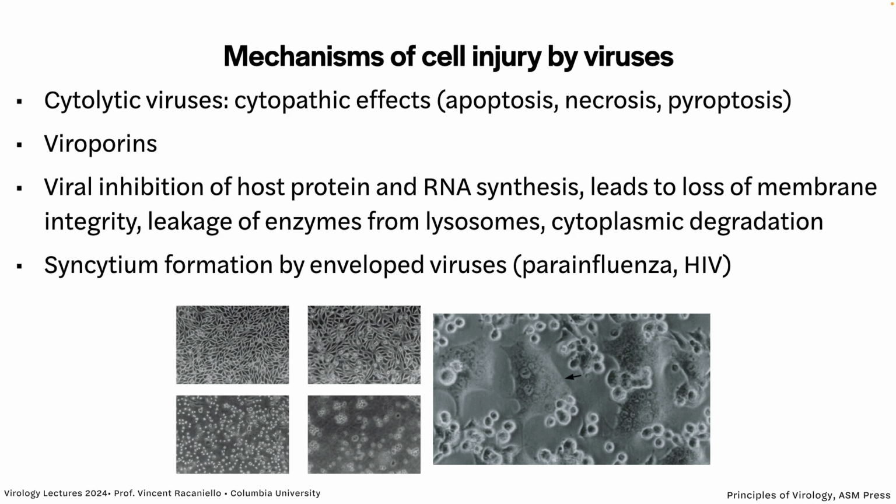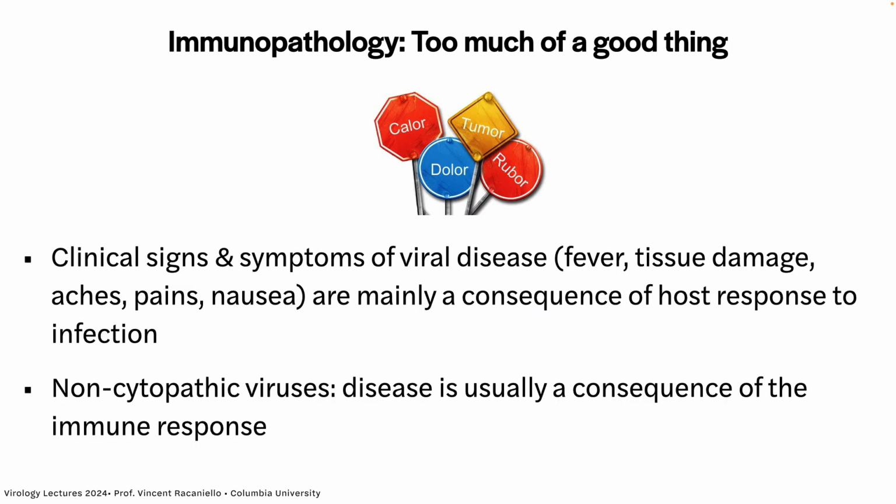So there are many reasons why viruses can damage cells directly, but the more important cause of disease, tissue damage, signs and symptoms is the immune response, and we call that immunopathology.